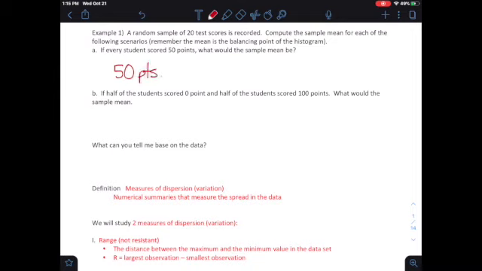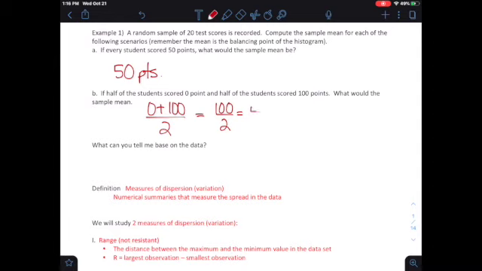B, if half of the students scored 0 points and half the students scored 100 points, what would the sample mean be? So let's just assume the example is one 0 and one 100. The same thing if you have two 0s and two 100s, because it's halfway. You will say 0 plus 100 divided by 2, and that's 100 divided by 2.